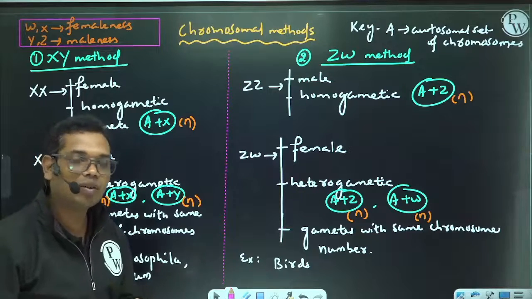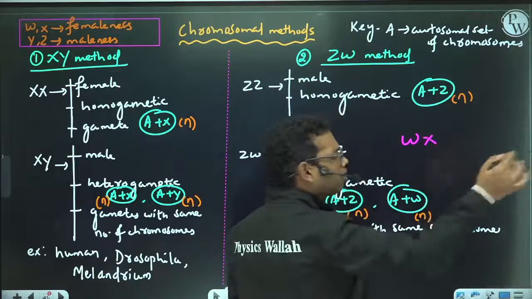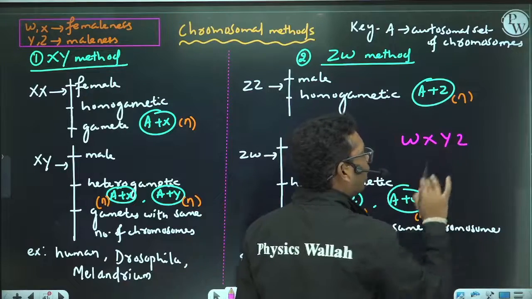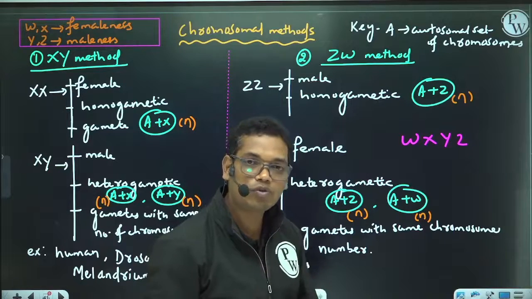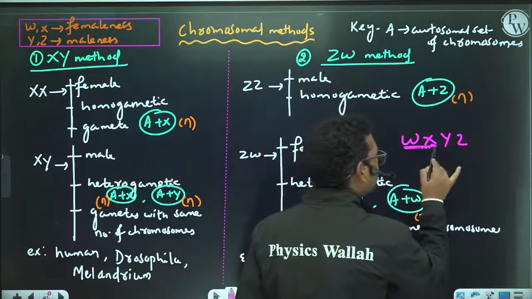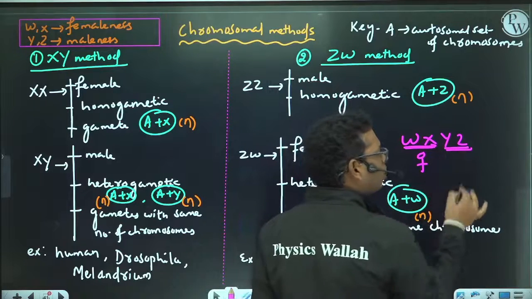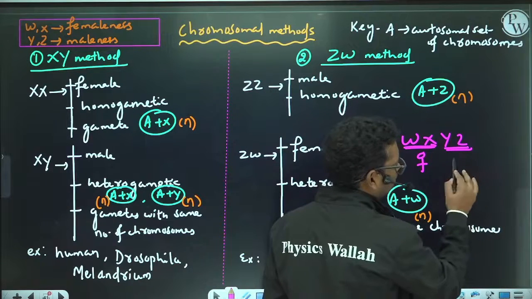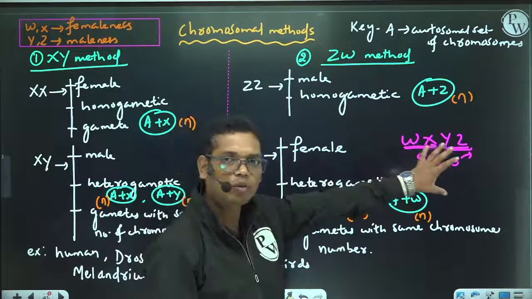When we write the English alphabet, we write W, X, Y, Z, right? And we know we give first priority to female, so they come first. These are responsible for femaleness, and these two come later, so obviously they will be male. This is what you have to remember.